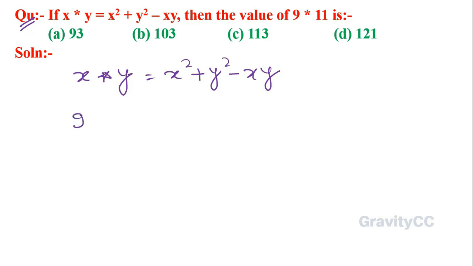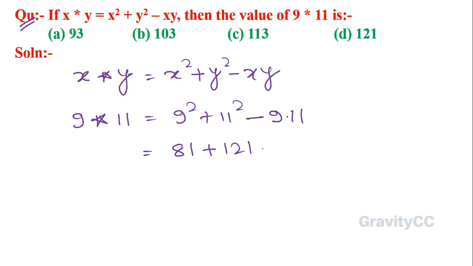So we get 9 star 11 is equal to 9 square plus 11 square minus 9 into 11. So is equal to 81 plus 121 minus 99, and 81 plus 121 is equal to 202 minus 99.